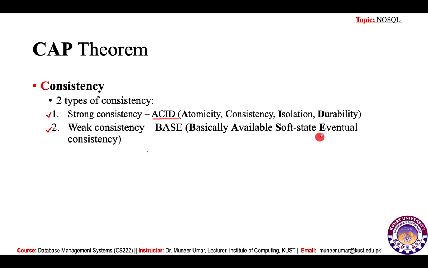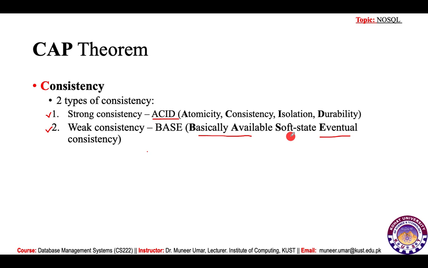Eventual consistency is a weak guarantee. Here, by basically available, we mean basic reading and writing operations are available as much as possible to the user, but without any kind of consistency guarantee, or without the guarantee of any consistent state of data.